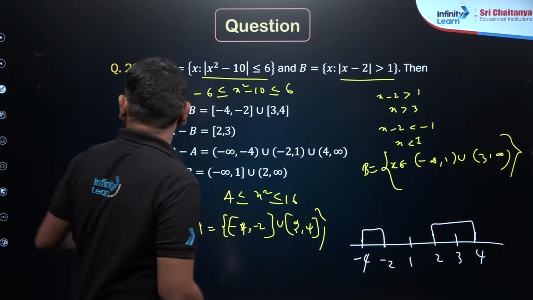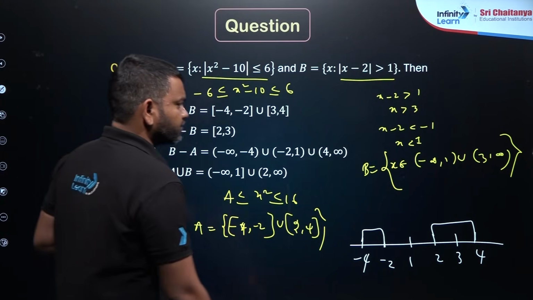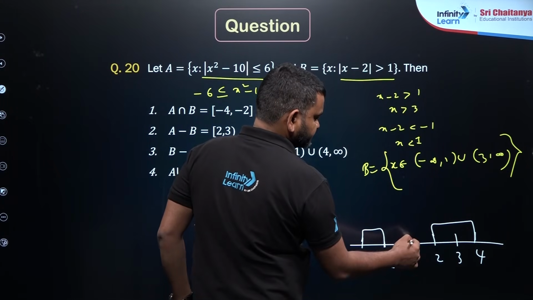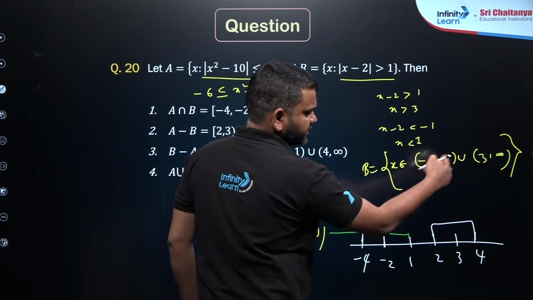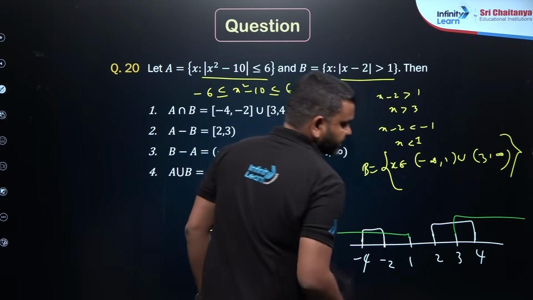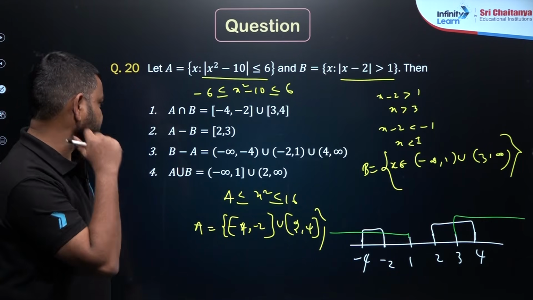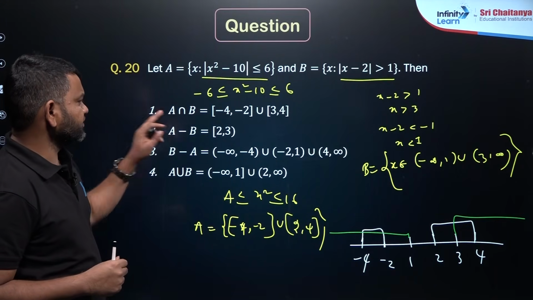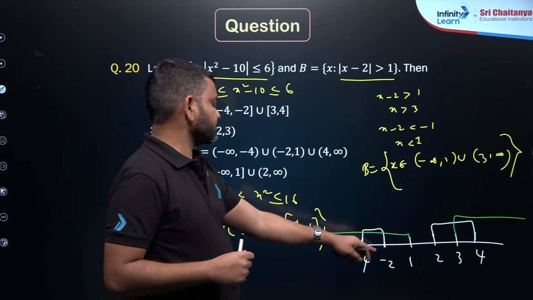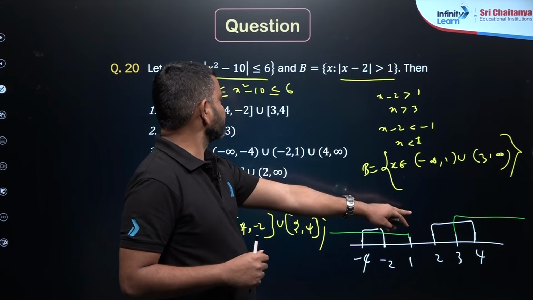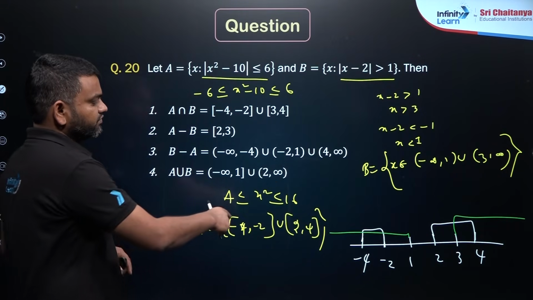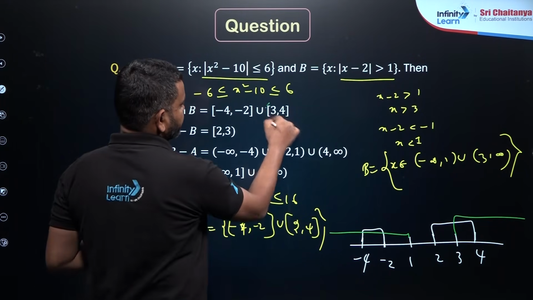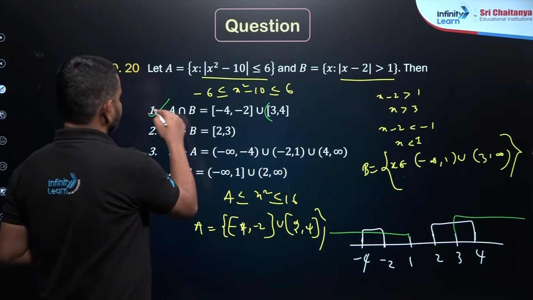And another case we have here which is going to be up to 1, so on the left side, and 3 to infinity, so on the right side. So children, A intersection B, minus 4 comma minus 2, yes it is there, but 3 to 4 they are saying 4 is not included, 3 is not included. Here it is supposed to be an open bracket, so this is a wrong answer.